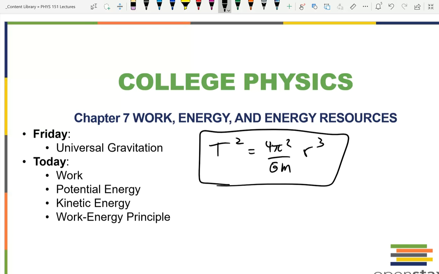Today we're going to be looking at work. So when I say work, what does that mean to you? Okay, units are joules. The unit for work turns out to be a joule, and we'll define what that is in a little bit. What else does work mean to you? Money.